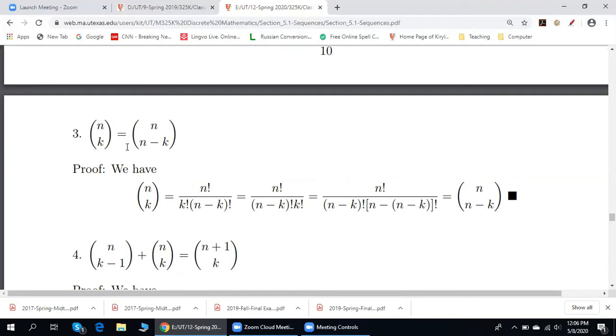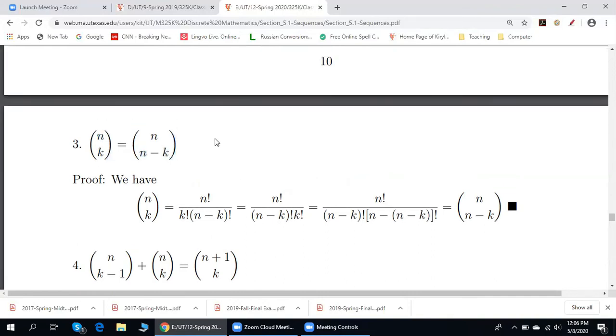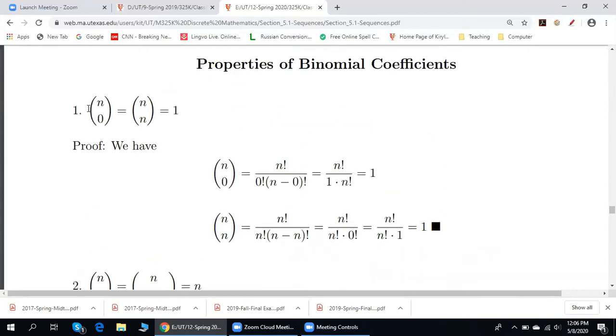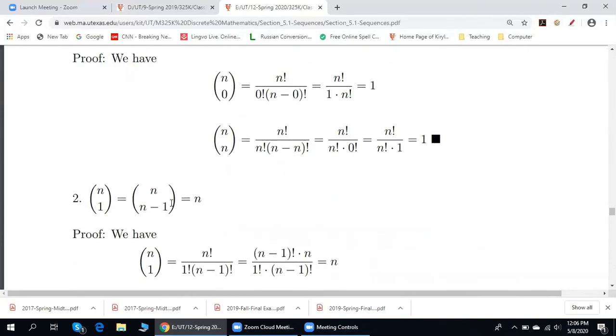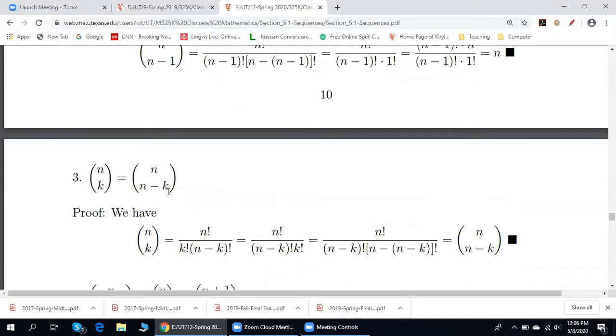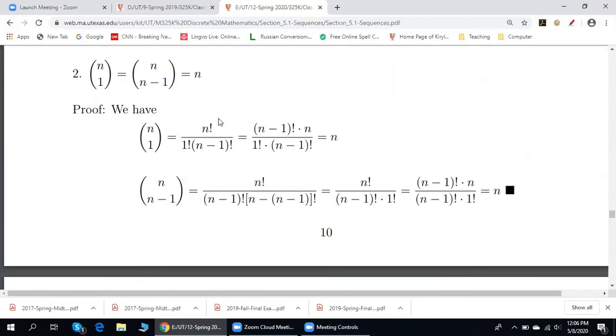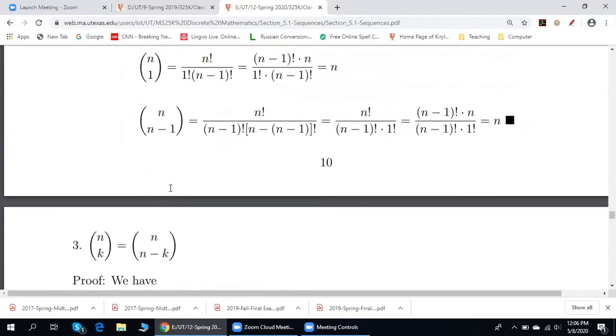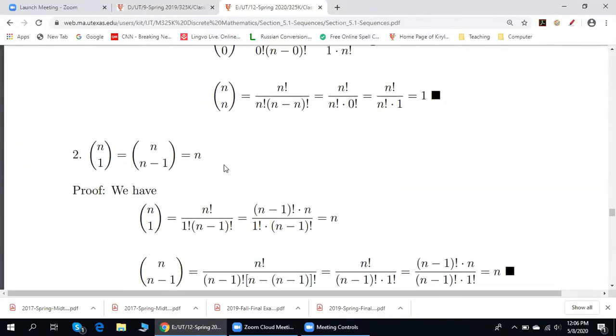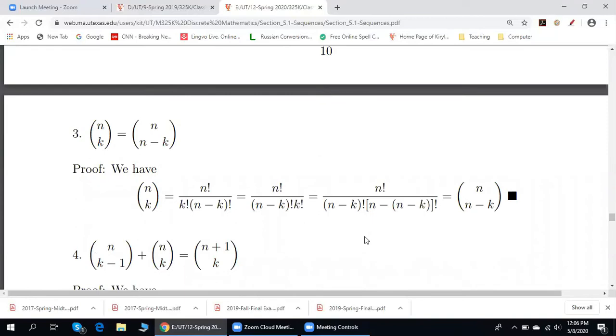In general, n choose k is equal to n choose n minus k. Note that this formula generalizes formula number 1 and formula number 2. If k is equal to 0, we get 1. If k is equal to 1, we get 2. But now let us prove this result in general.